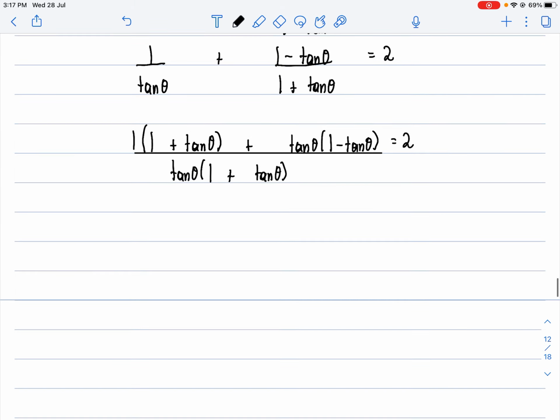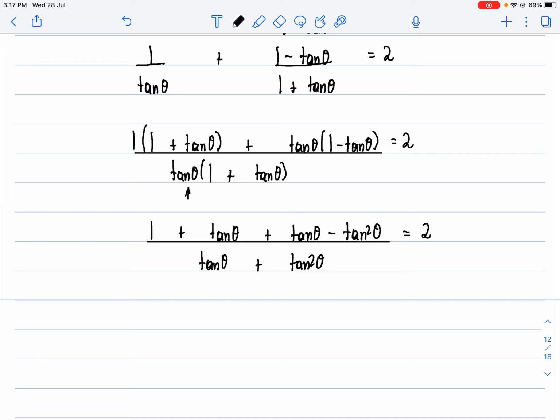So I can write this as 1 plus tan theta plus tan theta, when I take this tan theta inside the bracket, minus tan square theta, which is simply divided by, when I take this tan theta inside the bracket, I get tan theta plus tan square theta, which is basically equal to 2.